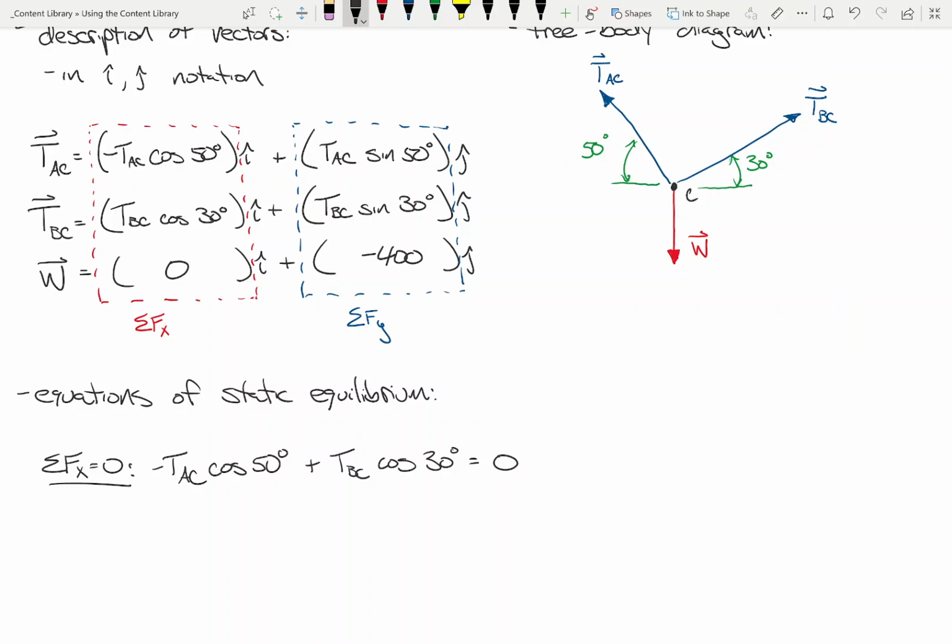That plus that is 0. Here, maybe I'll be formal about it. I'll say plus 0 equals 0. Okay. Now, here's what I am going to do, and there's a reason why I'm doing it. I'm going to rewrite this as follows.